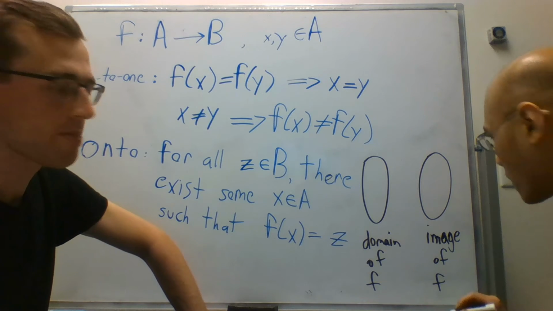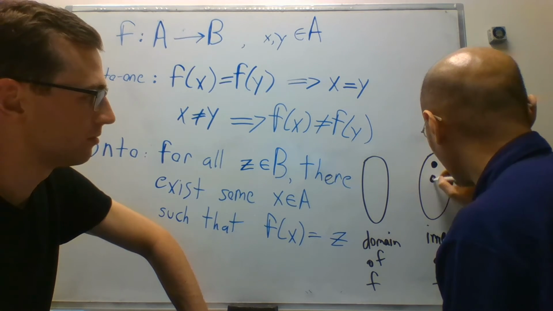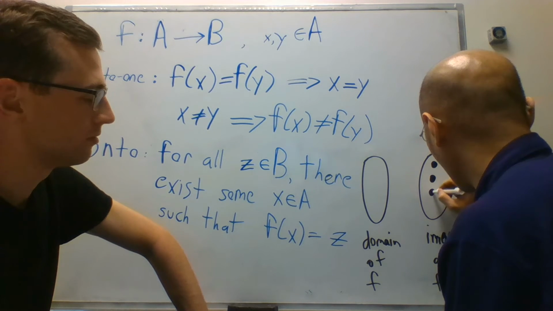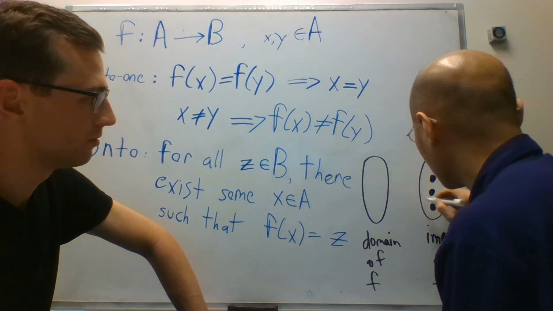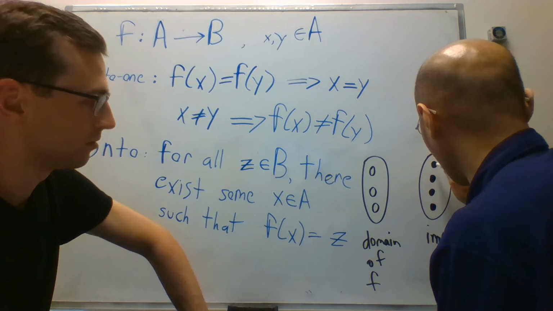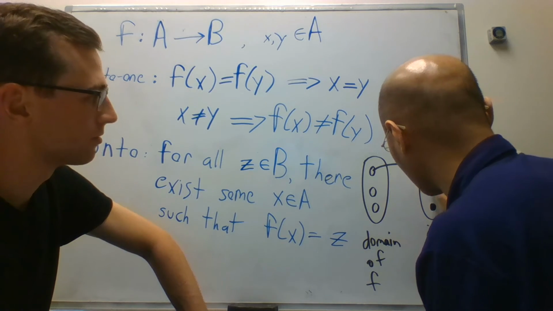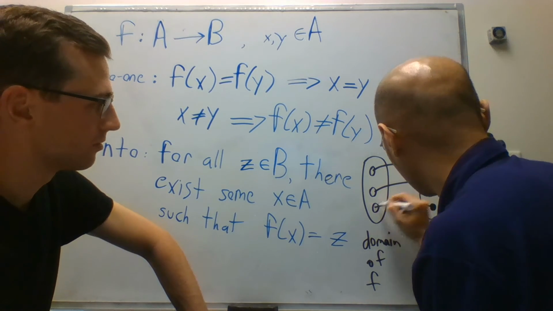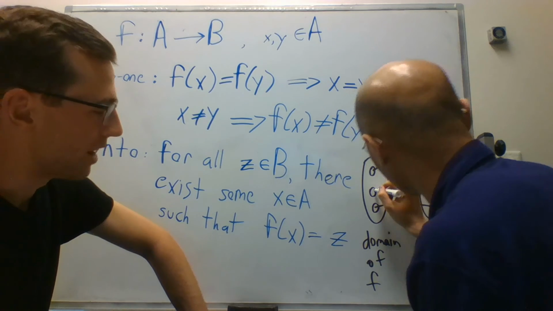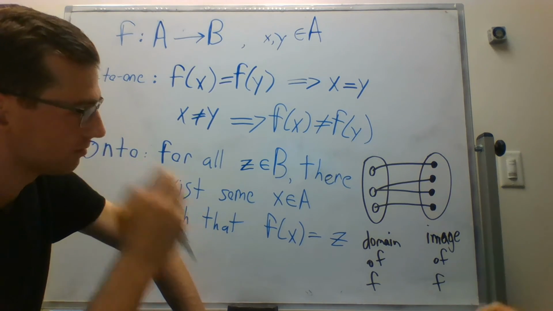Yeah. Okay, so it means that every element in the image must be mapped back to some element in the domain.